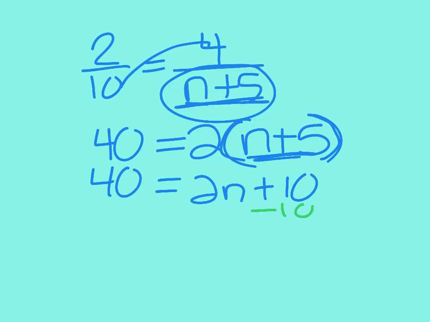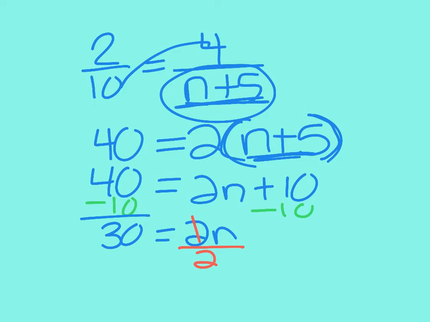I subtract 10 from both sides and get 30 equals 2n. Then I get rid of the 2. It's multiplying with n, so we divide both sides by 2. Your answer is 15 equals n.